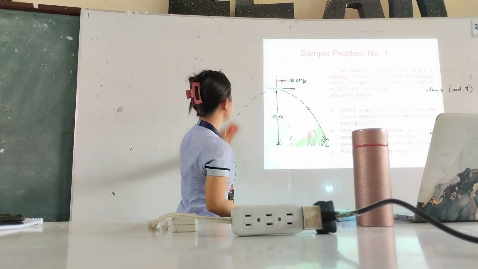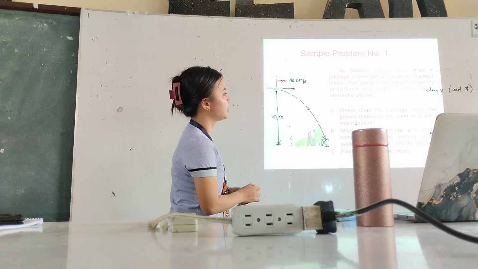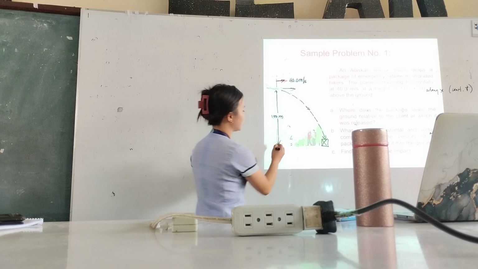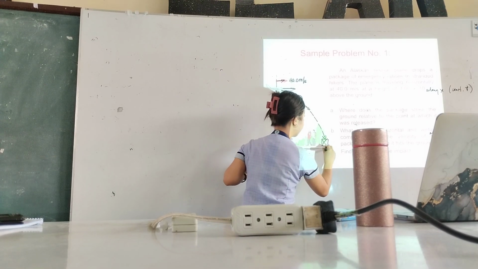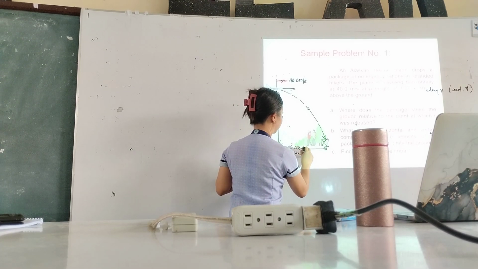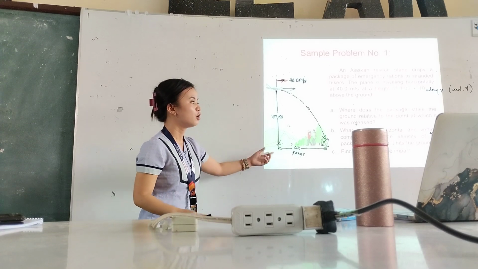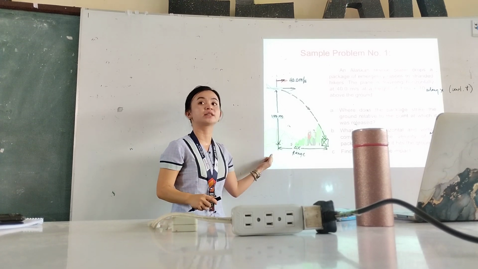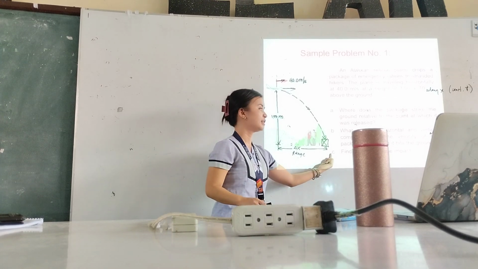So this one, you have to find where the package strikes. This is your delta x. You have to find the range, or your delta x, relative to the point where it was released. This point to this point.